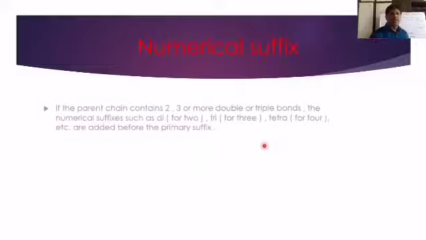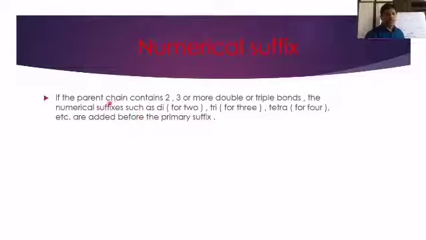And numerical suffix. I told you that the suffixes will be of different types: numerical suffixes, primary suffix, secondary suffix. Here we are going to discuss numerical suffix. So suppose the parent chain contains two or three or more double bonds, or triple bonds.